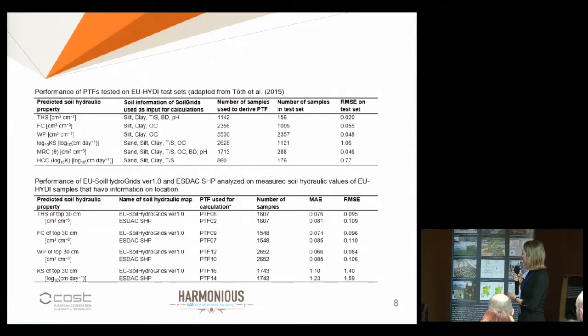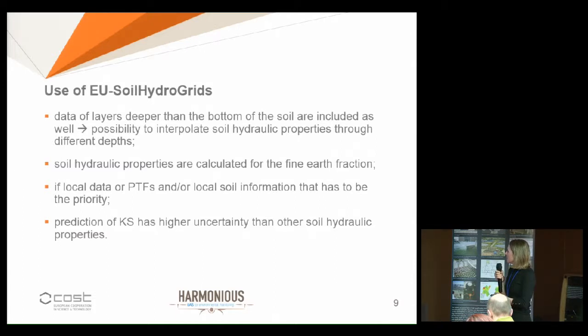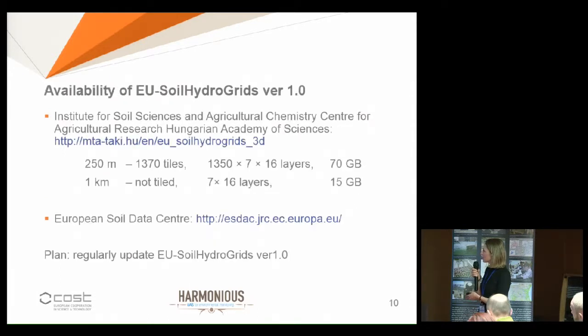You can see that the root mean square error is much worse compared to when we had the measured soil properties. So it shows that there is a lot of room to improve this soil hydraulic dataset, but we hope that it can be a step forward for different applications. There are some warnings for when you use the dataset, but maybe I have run out of time.